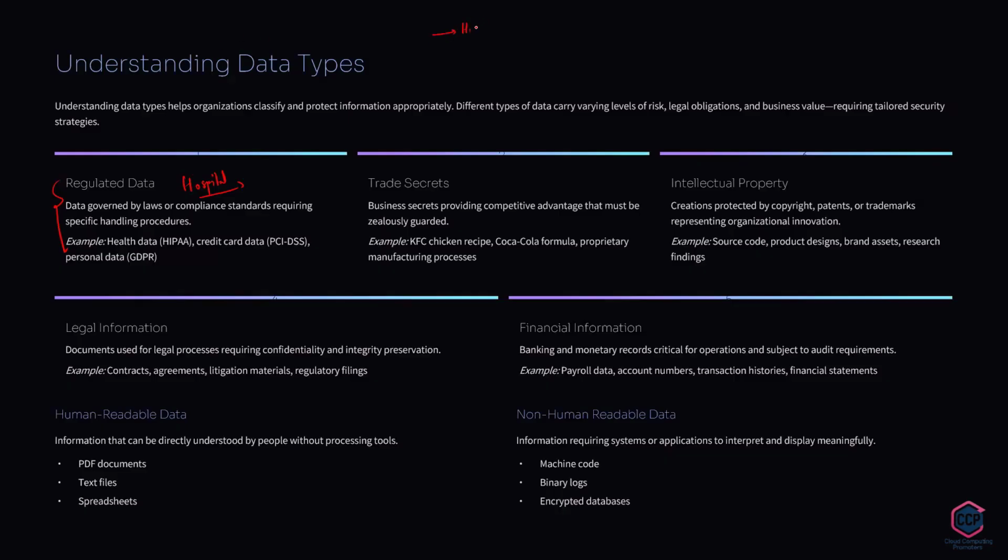As a person enters, they may ask for his phone number, his email ID, and they also will take his previous health records. Okay. In order to maintain this data, this comes under regulated data.